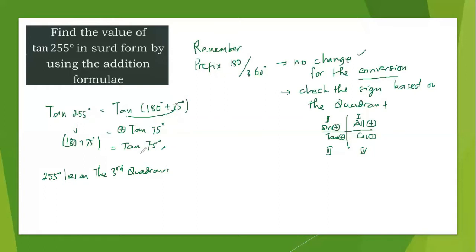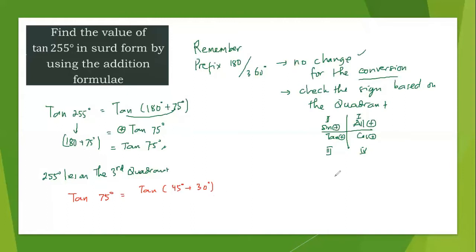But the answer is not finished yet. You have to expand tangent 75 degrees. Tangent 75 degrees means tangent of the special angles 45 plus 30 degrees, right? That's the special tangent.